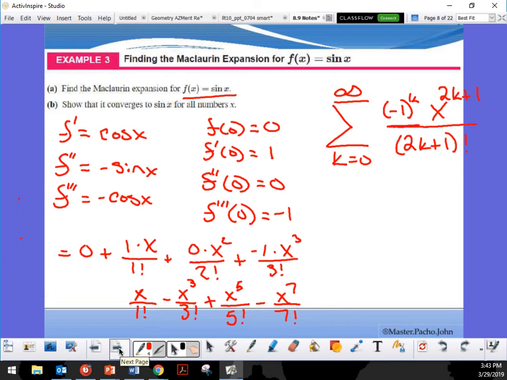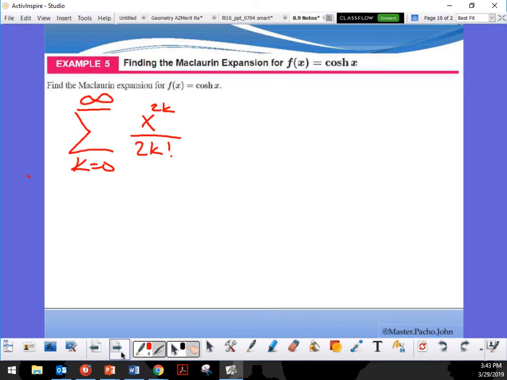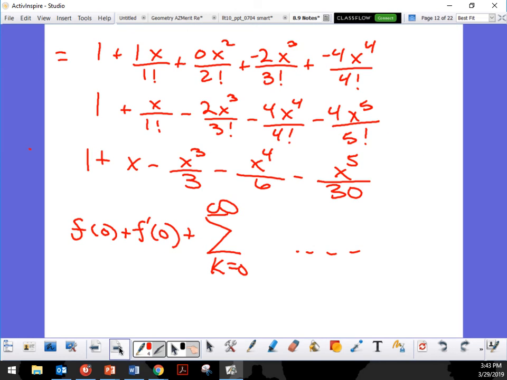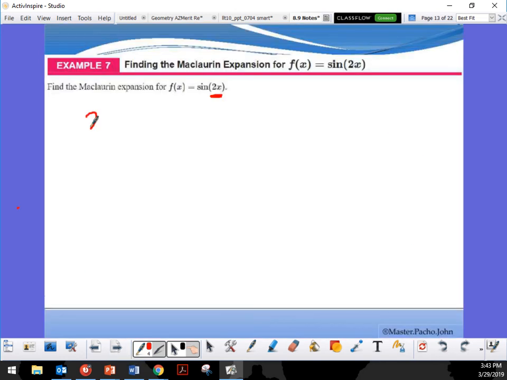Yeah. So if I'm substituting, my first term is going to be 2x. All right, so it's going to be 2x plus, what was the next term? X cubed over 3 factorial.